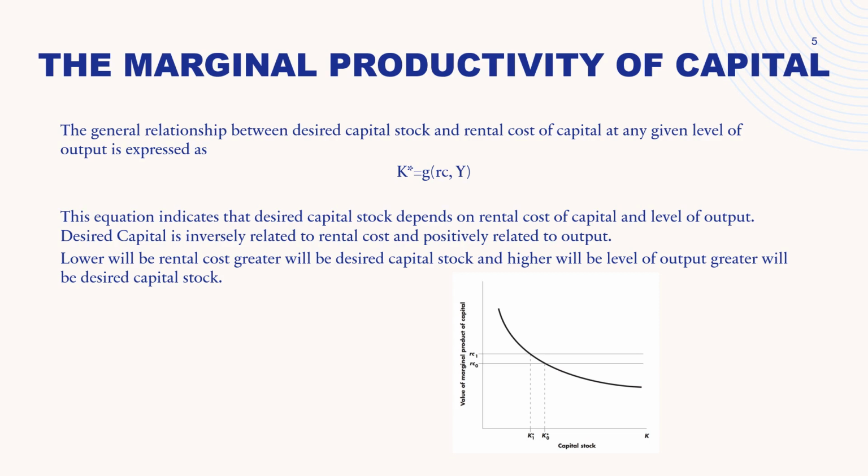You can see from this graph that as the rental cost has decreased, the desired capital stock has increased, showing there is an inverse relationship between desired capital stock and rental cost.